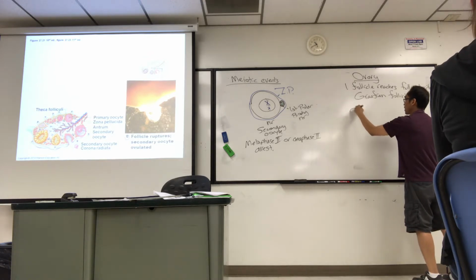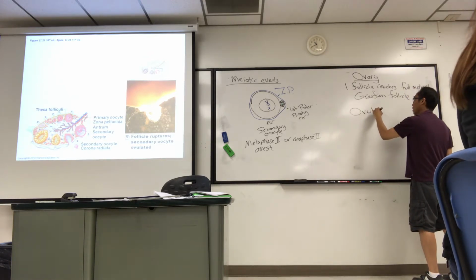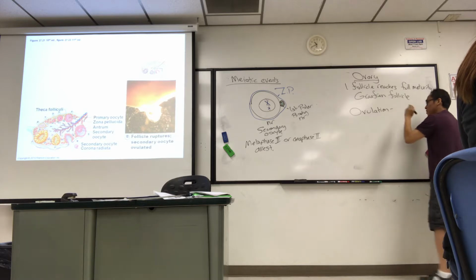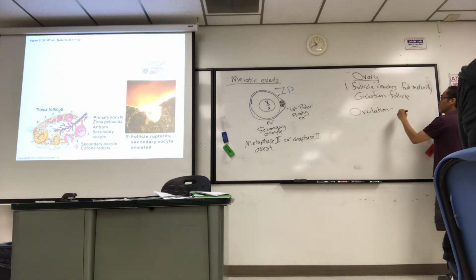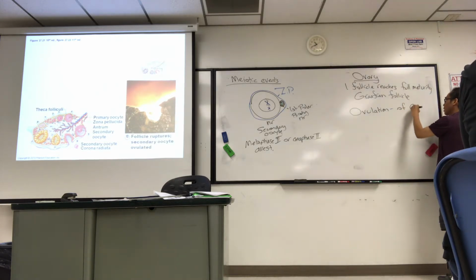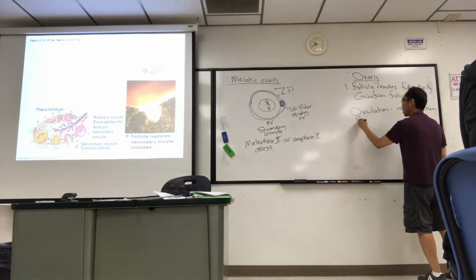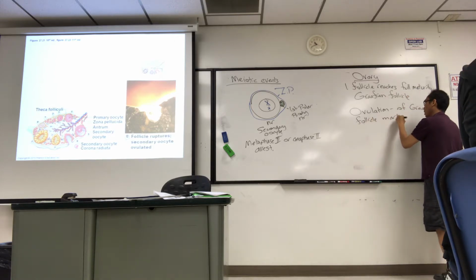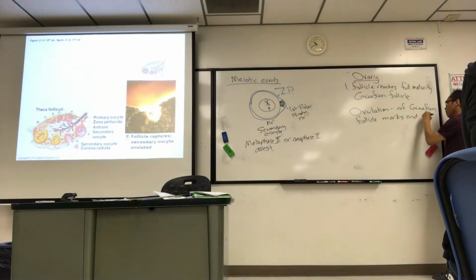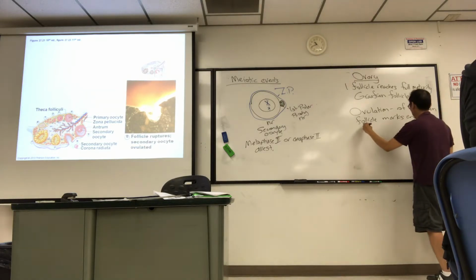So ovulation basically marks the end of the follicular phase. Ovulation of Graafian follicle marks end of follicular phase for this cycle.